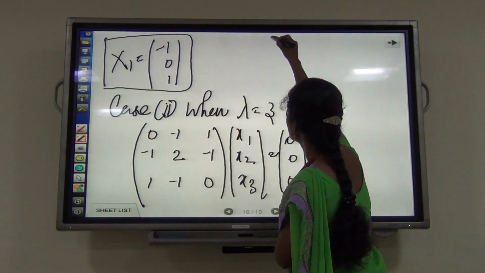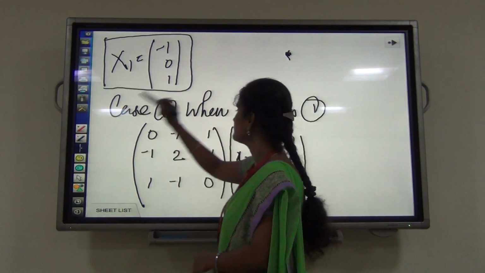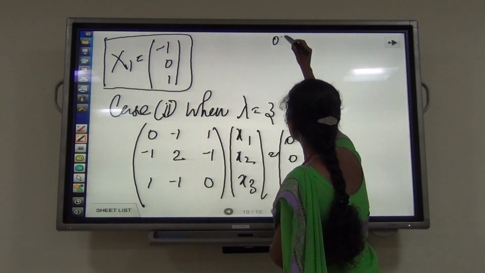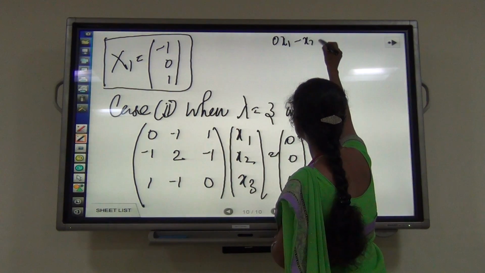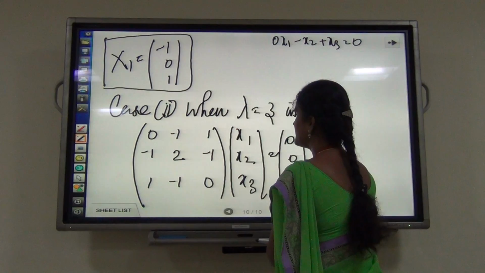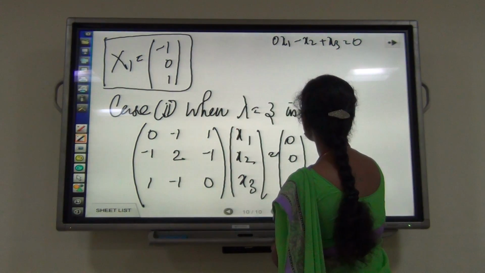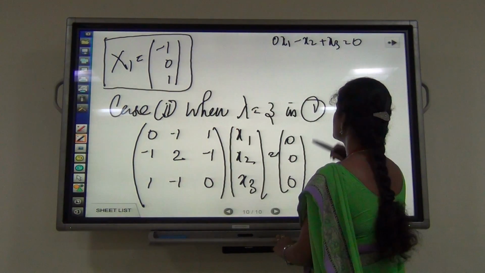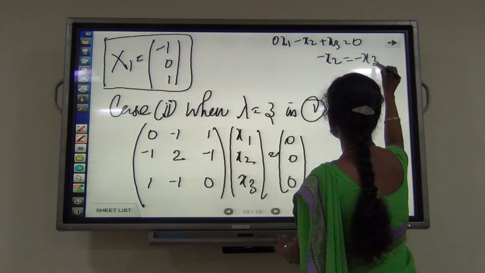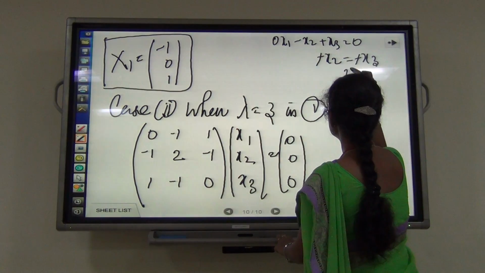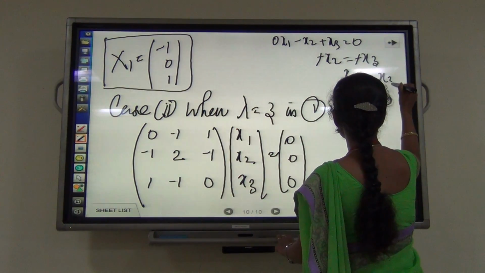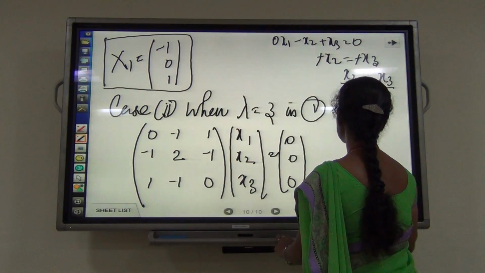As we write this in equation form, we get 0 x1 minus x2 plus x3 is equal to 0. So as we equate this itself, we get minus x2 is equal to minus x3. The negative sign gets cancelled, so the x3 coefficient is 1 and the x2 coefficient is 1.